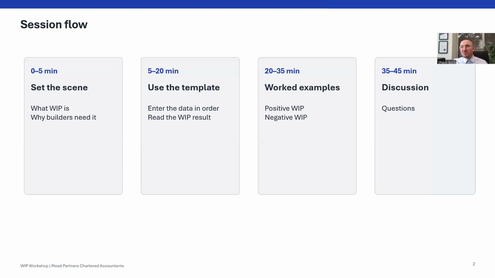It shouldn't take more than half an hour, but we've allowed for a bit more extra time in case we do go over. We'll start with explaining what WIP is and why builders need it. Then we'll walk through the template in order from job details through to WIP result. After that, we'll look at two simple examples, underclaimed job and overclaimed job, and we'll finish with questions and practical steps for anyone who wants to apply it to their own jobs.